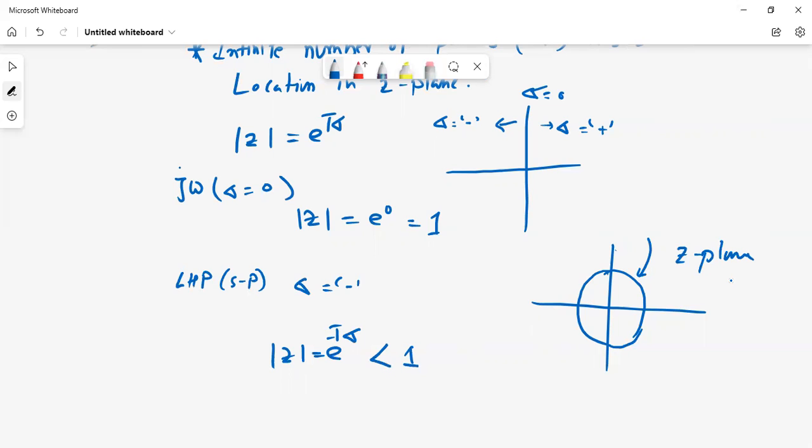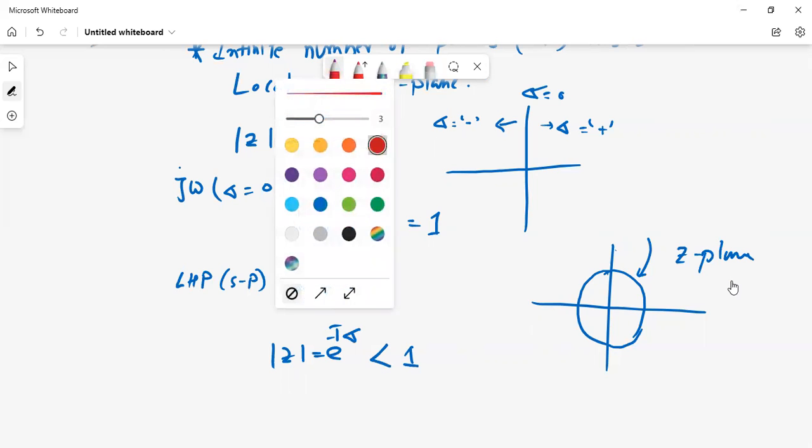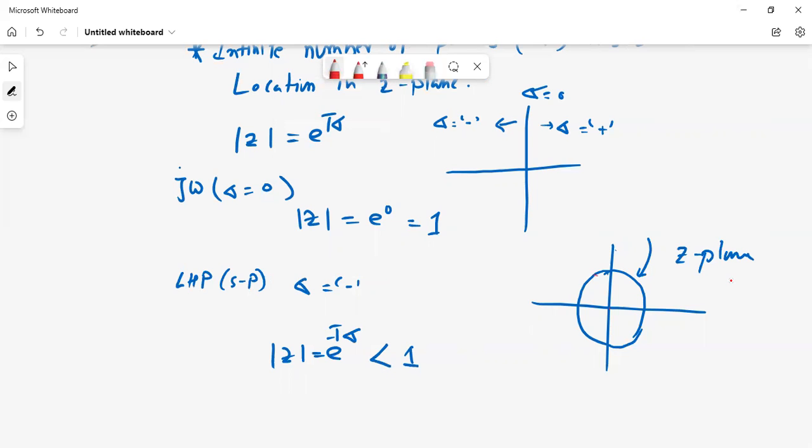So the imaginary axis is a unit circle, the radius of which is 1. And also we find that for the left half plane, the magnitude has to be lesser than 1. So the left half plane will be mapped inside this circle.